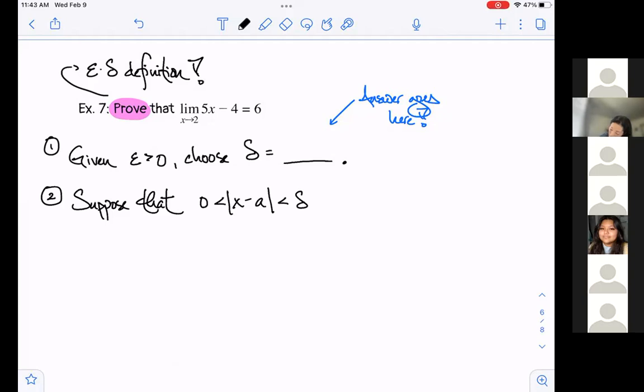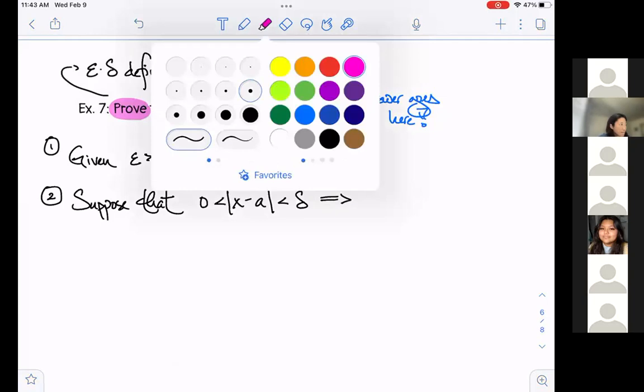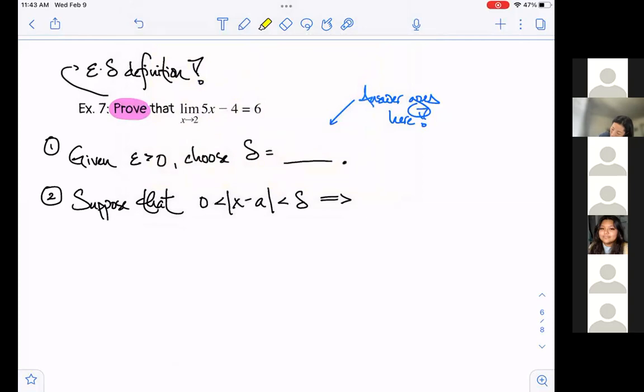And everywhere we see the a, we're going to put the number that we want the x to get close to. So in our example, we're going to say 0 is less than the absolute value of x minus 2, which is less than delta.